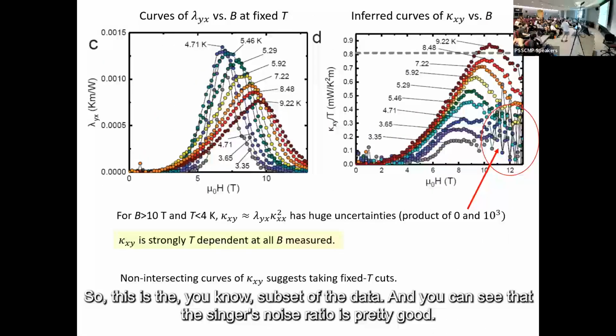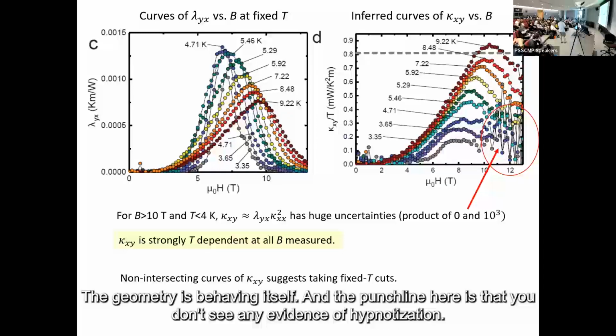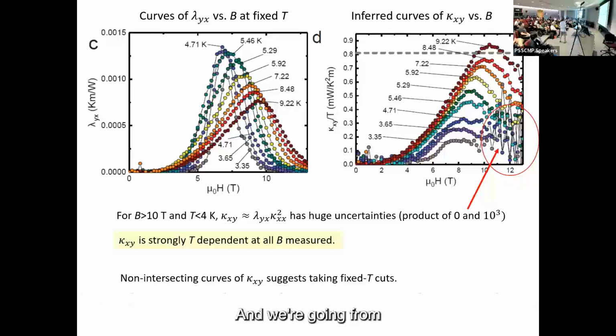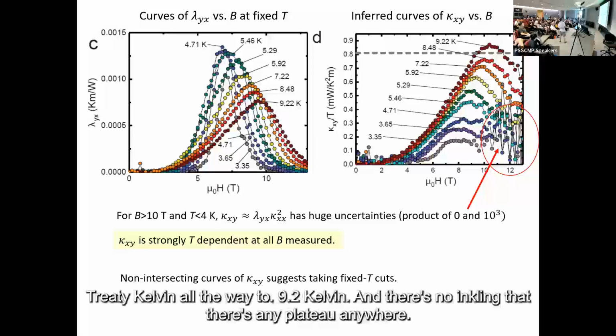So this is the subset of the data, and you can see that the signal to noise ratio is pretty good. The thermometry is behaving itself, and the punchline here is that you don't see any evidence of quantization. And we're going from 3 Kelvin all the way to 9.2 Kelvin, and there's no inkling that there's any plateau anywhere, right?